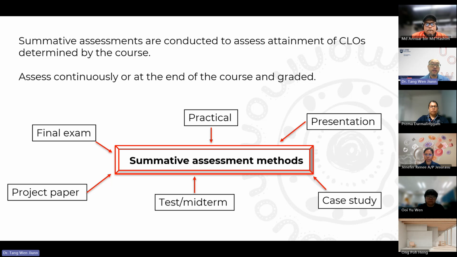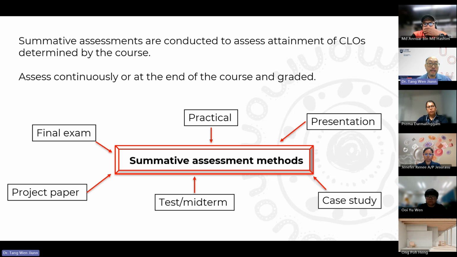Then we have summative. Summative is normally what we call the official assessment, where we give marks. Summative assessments assess the attainment of the course learning outcome, the overall learning outcome for the course. Normally we combine several chapters or several skills and we test them in a secure environment.